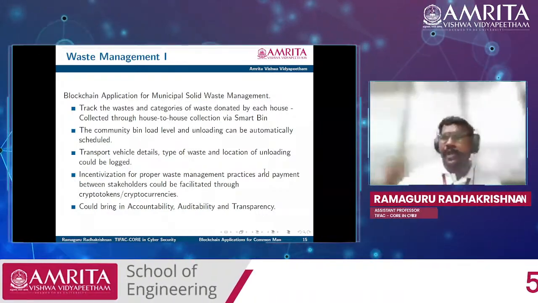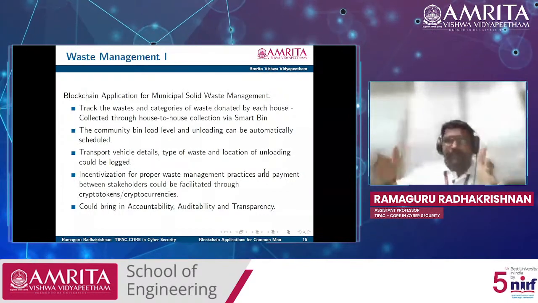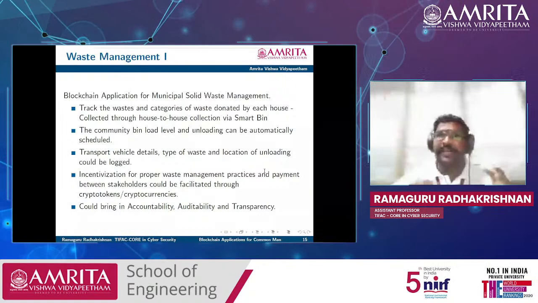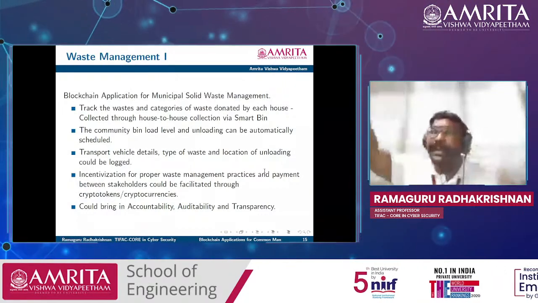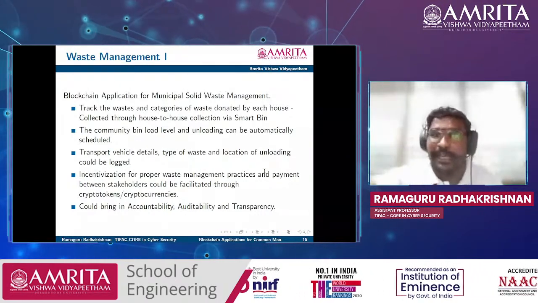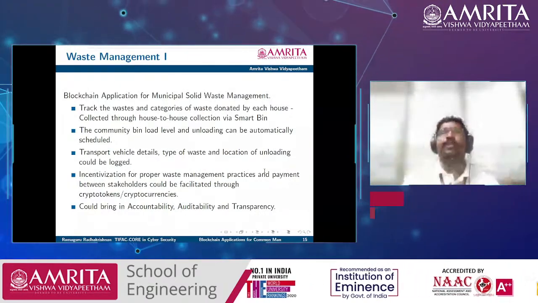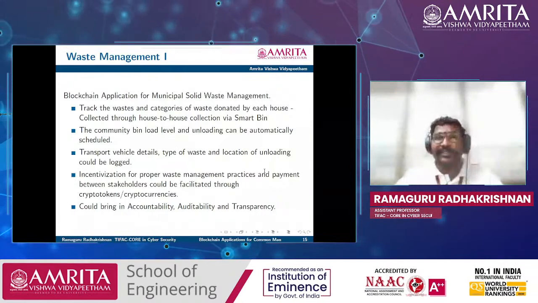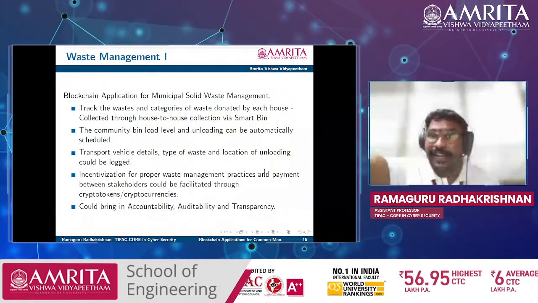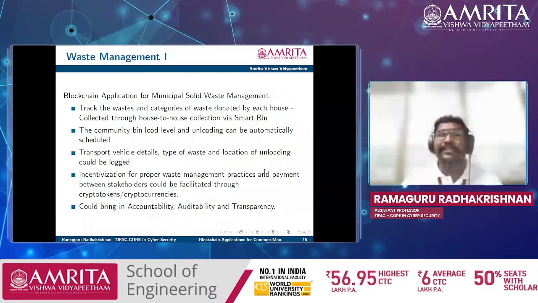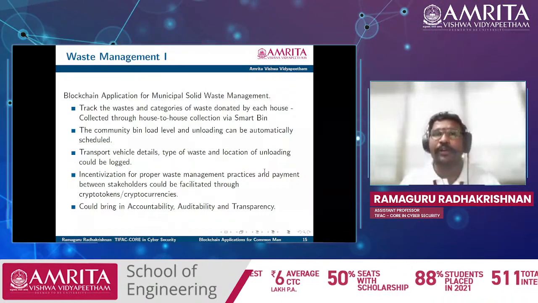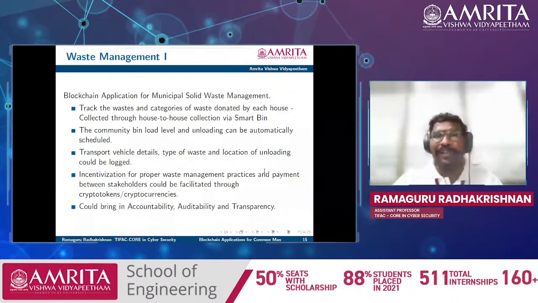Now assume the government is giving a set of waste to a recycler to recycle. This can be transacted on the blockchain itself, and any financial settlement by the recycler can be done on the blockchain itself. That gives clear accountability of how much waste was converted into value, and all of this can be publicly verified by anyone who has access to the blockchain.